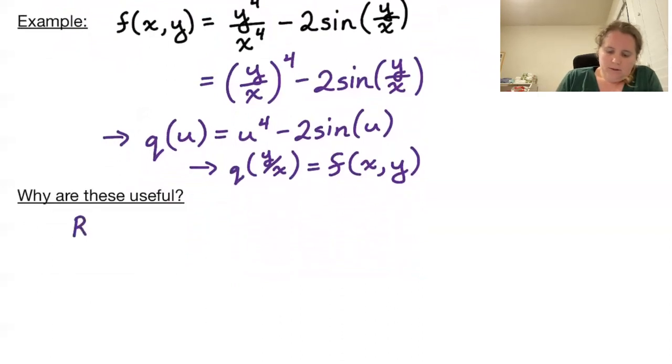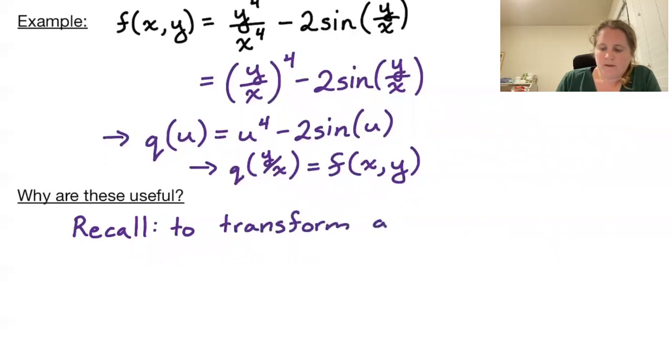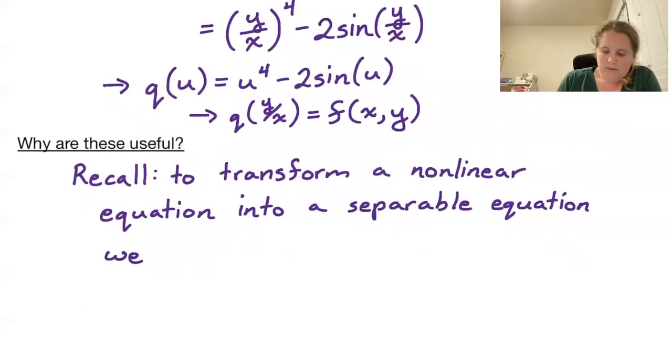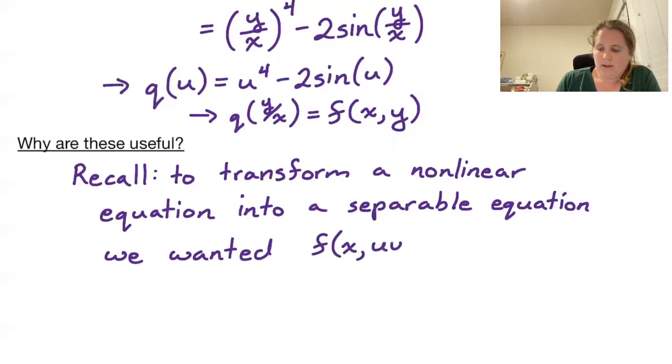So the question, why is it useful for equations to be written in this form? So recall to transform a nonlinear equation into a separable equation, we wanted f of x comma u times y1 to be written in the form of q of u times y1 prime.